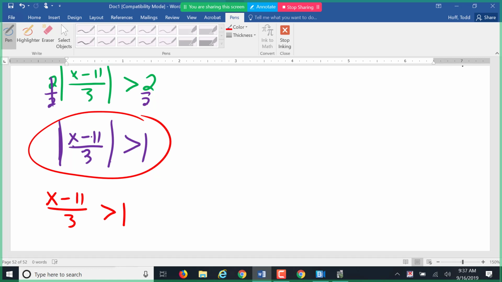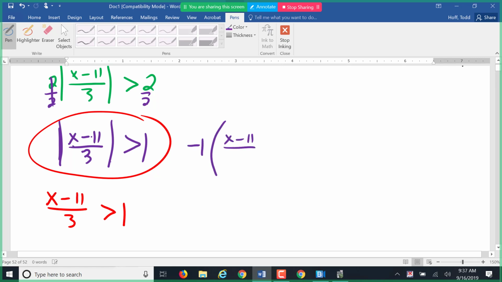The second piece, what we're doing is a -1 times the left side. So this is -1 times x minus 11 over 3 is greater than 1.